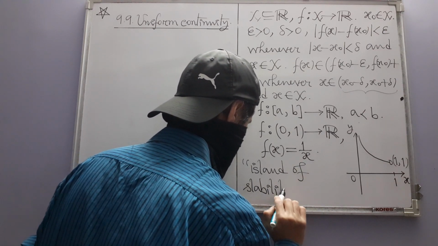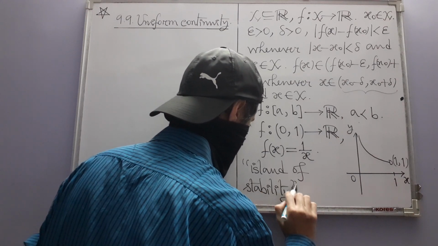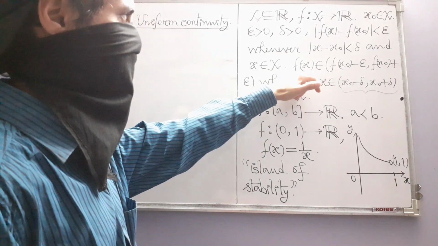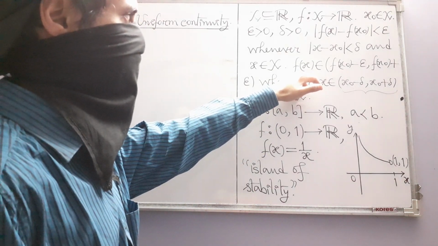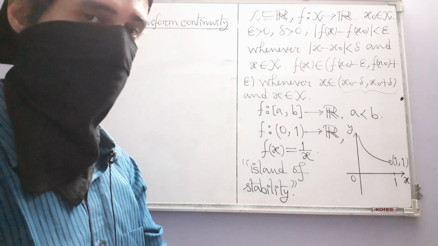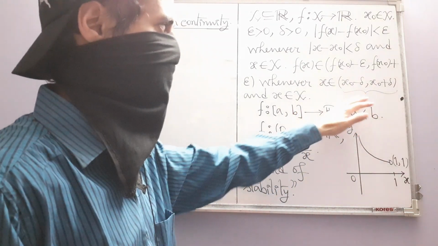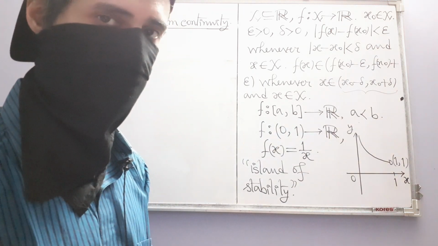That is, you want something to happen with the outputs. That will happen stably if you control the input and keep it inside such an island of stability.